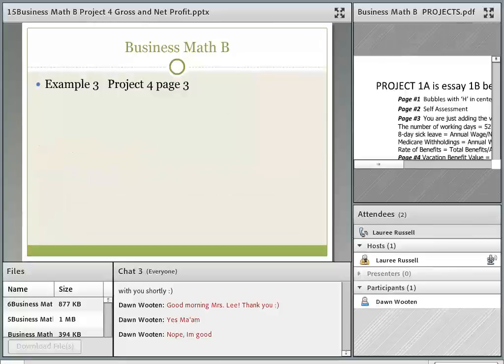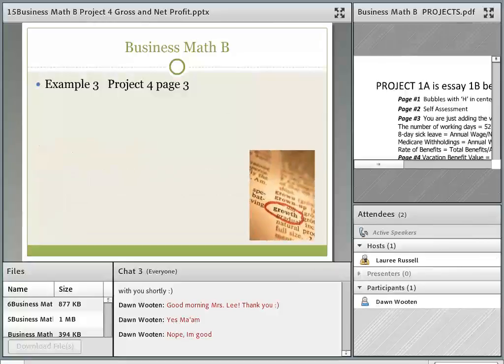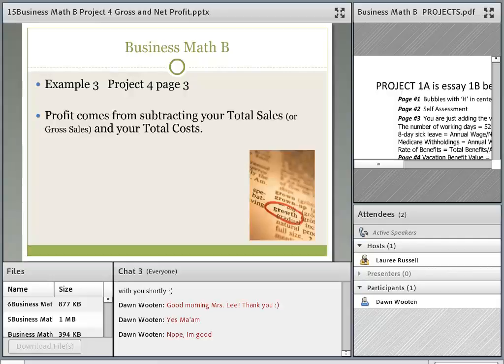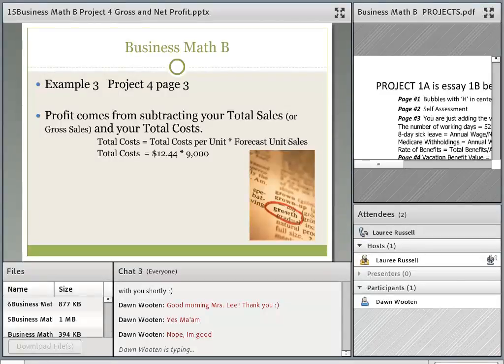So now let's go to a couple more examples here. So remember we said to get your total costs, you can take the cost per unit and the projected sales. So our total cost per unit is $12.44. Again, we're on line 5. And our forecasted sales are 9,000. So when you multiply those, you're going to get the total cost.